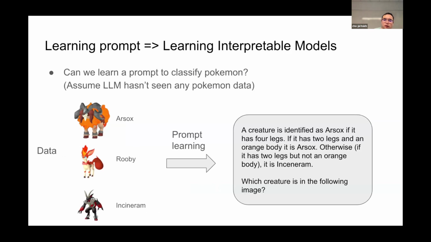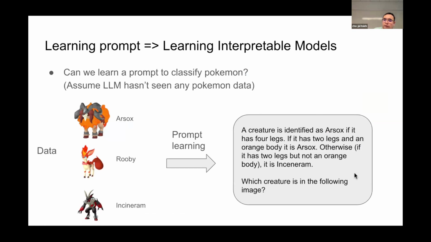But the model will be interpretable if we fix the model and we just learn the prompt. For example, if I'm given data like this, and I just apply the prompt learning algorithm or prompt engineering algorithm I mentioned, we get this prompt, which gives me very high performance, like 90%.